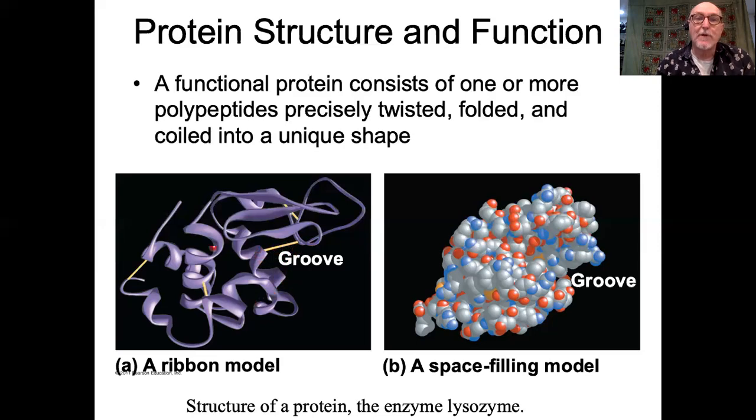All of the rest of the protein, all of the structure, is there so that we can construct this very specific groove with its specific geography and specific side groups, which are going to do one particular chemical job. So here is a space filling model. It's just to give you an idea of what it would look like if we could zoom down and see it in three-dimensional shape. Here is the groove, and this would be the active site of this enzyme, lysozyme.